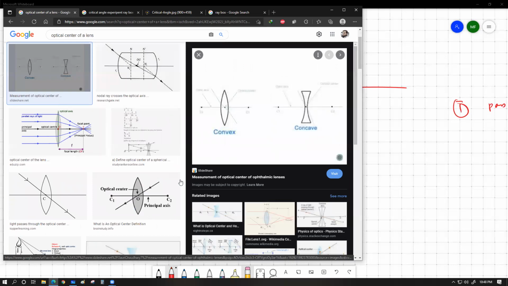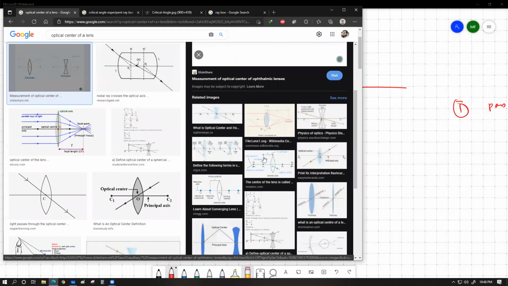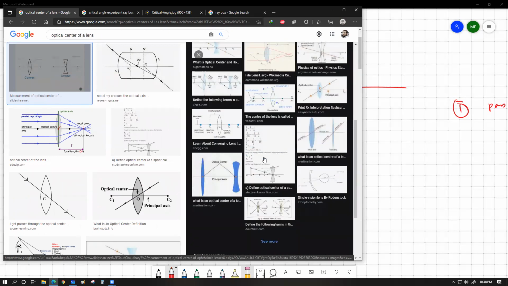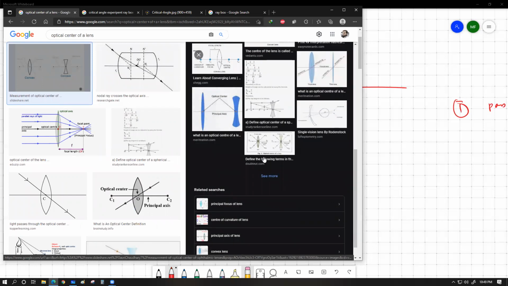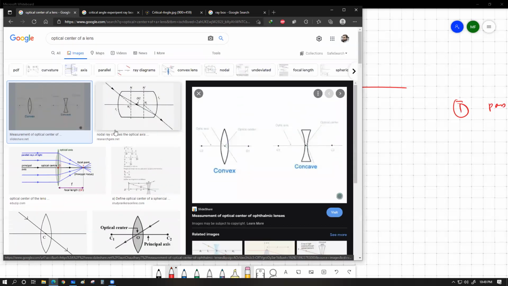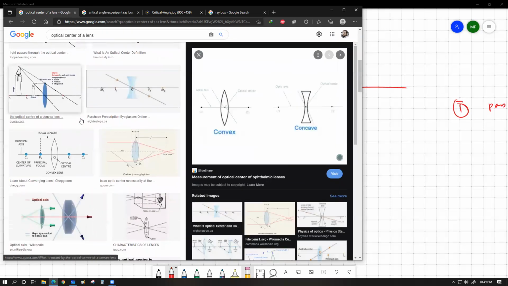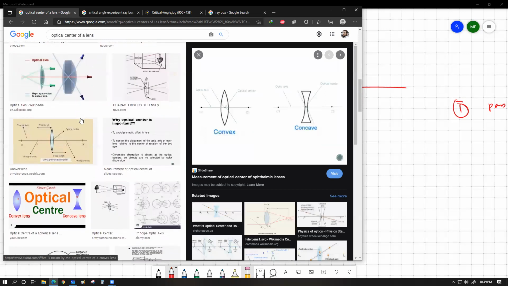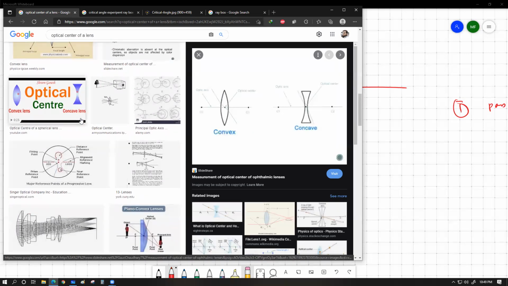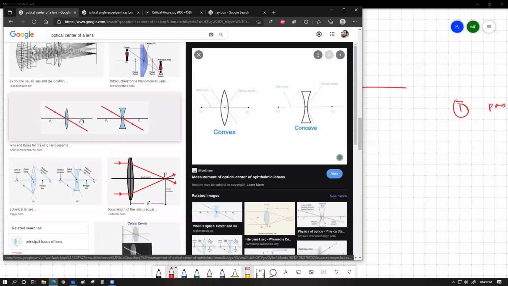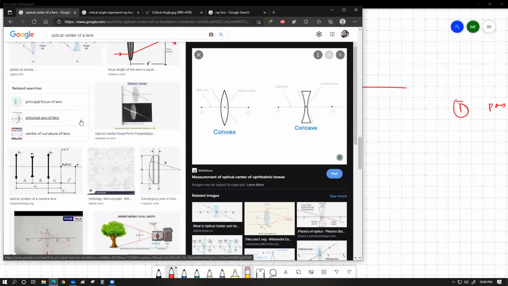In this case, the light rays are really dimmed out, so not so good. Why is it so difficult to find an optical center figure?